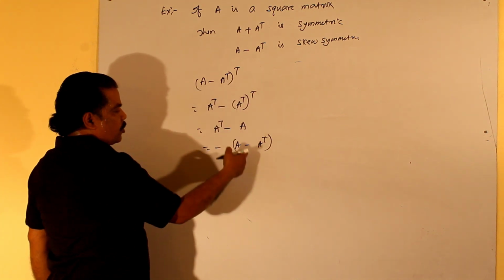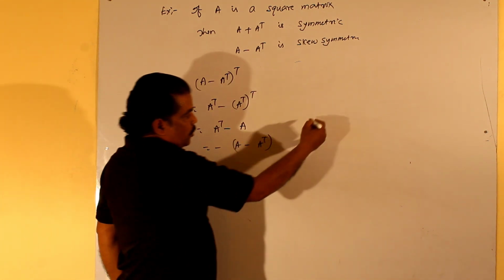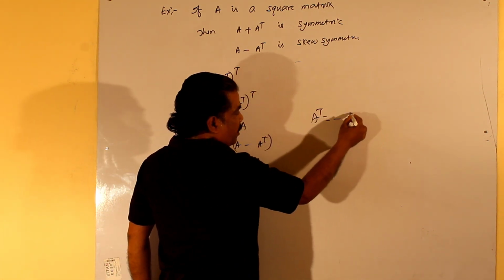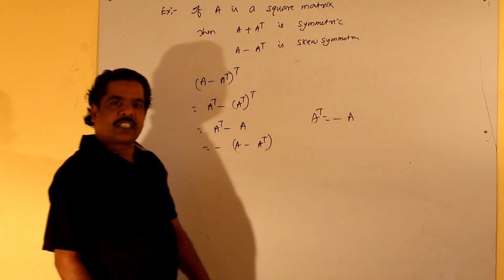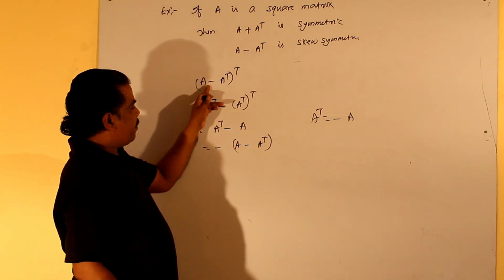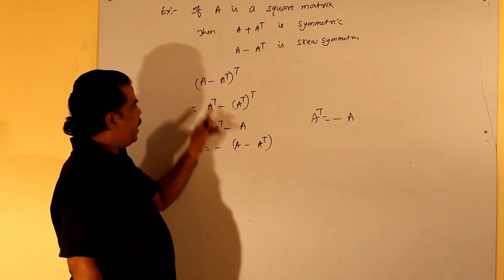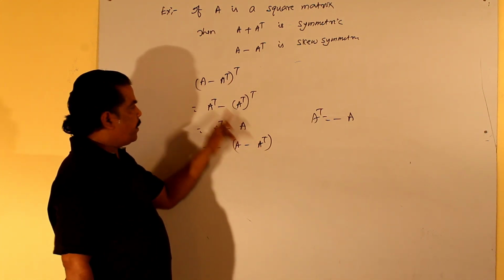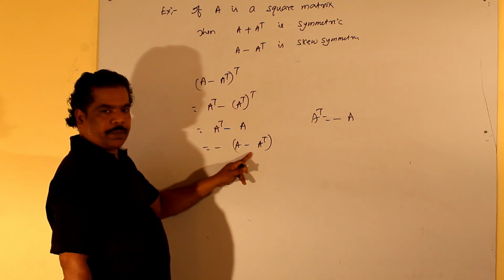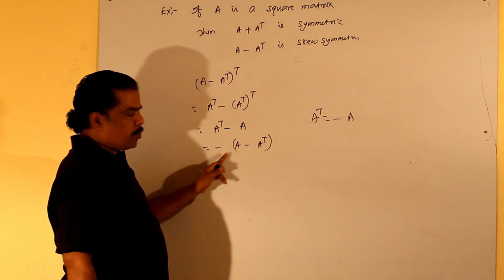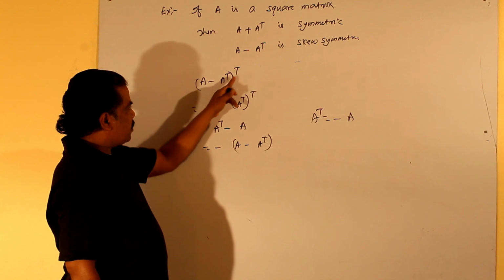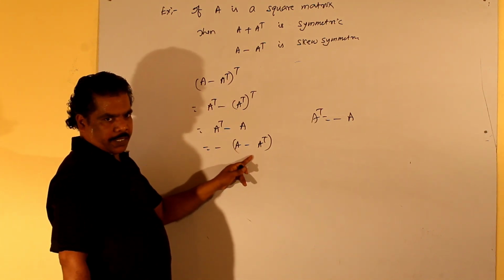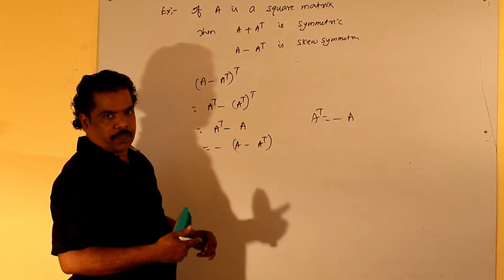That is what A transpose minus A. When A transpose is equal to minus A, the matrix is skew symmetric. Hence this given matrix is skew symmetric. The transpose of this matrix is minus of itself, like B transpose is minus B, C transpose is minus C. So if the transpose of a matrix is minus of it, then we say it is skew symmetric.